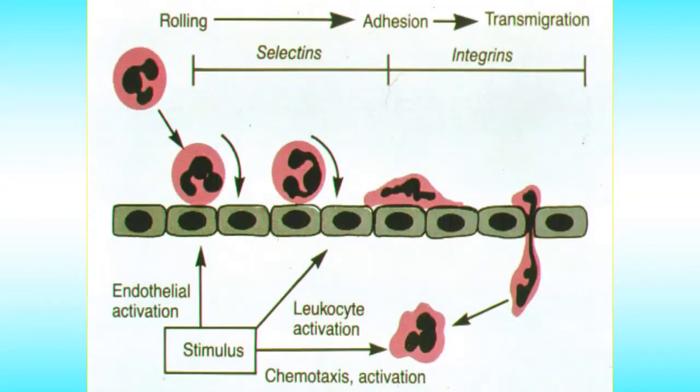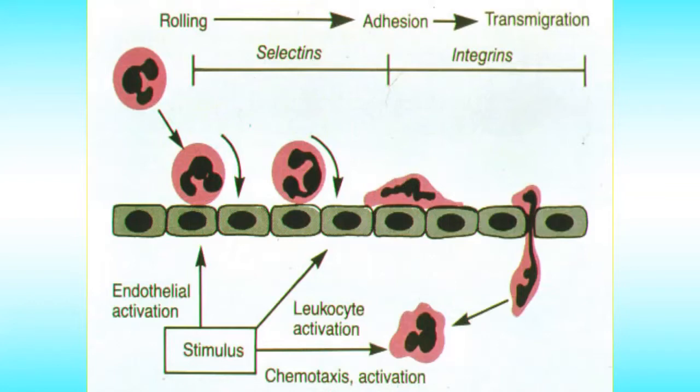After margination and pavementing of neutrophils on endothelial cells, followed by rolling of neutrophils on endothelial cells with loose adhesion by adhesion molecules selectins, then firm adhesion by adhesion molecules integrins, followed by transmigration or diapedesis of neutrophils across the endothelial cells by amoeboid movement.